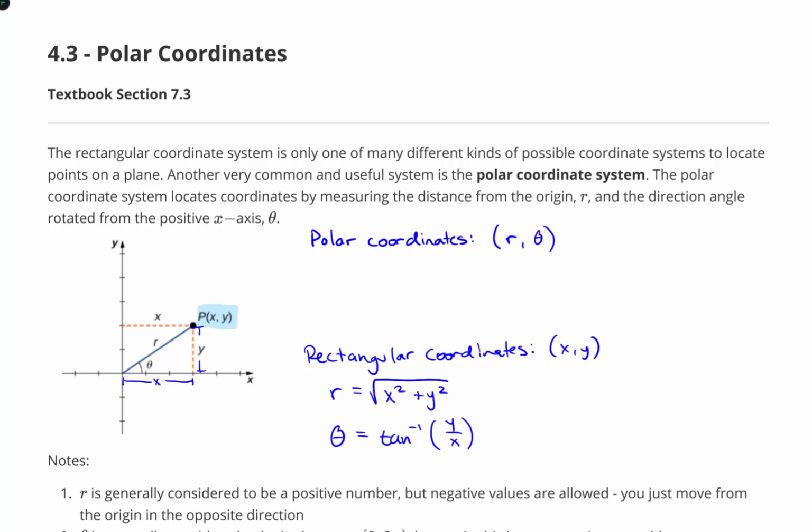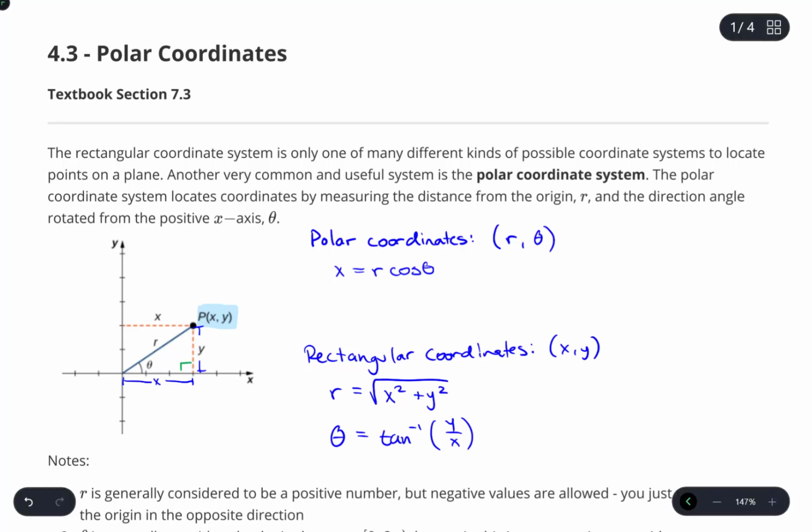Now, going the other direction with polar coordinates into rectangular, we use a little right triangle trigonometry as well, and we can determine the x-coordinate from a polar coordinate set by doing r cosine theta. And you can show that pretty easily just by using a little bit of right triangle trigonometry. So for instance, here's a right triangle with side lengths x, y, and r, and the angle measure theta.